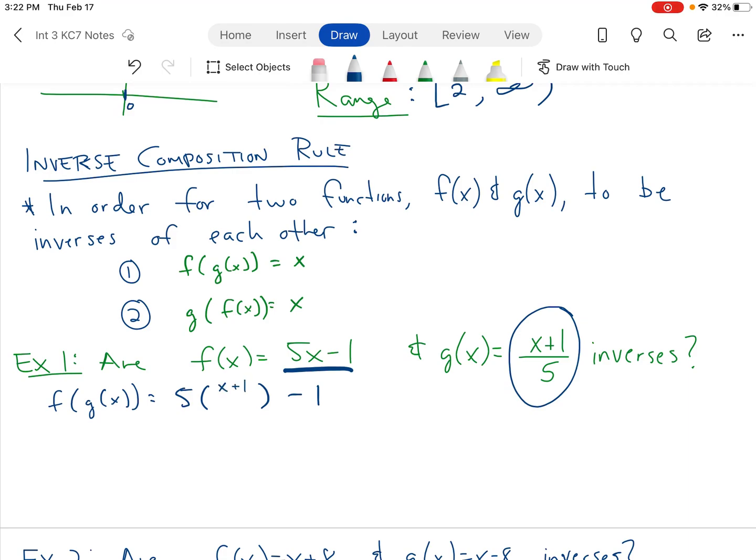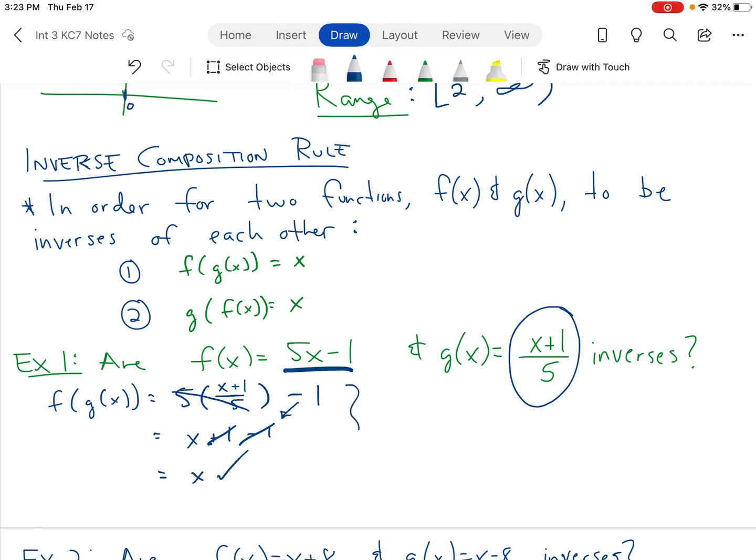So in here, I have (x plus 1) over 5. Now I'm going to simplify wherever I can. With the 5s, I'm multiplying by 5 but also dividing by 5, so I can cancel those out. And I'm left with x plus 1, minus the 1 from the original problem. If I simplify this, it will give me 0, so I'm left with x by itself, which is what you want.